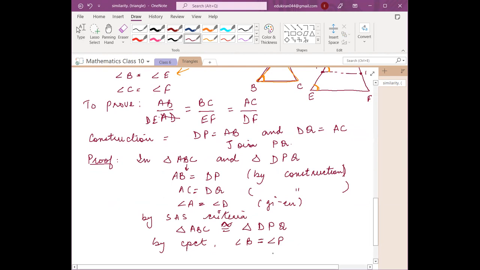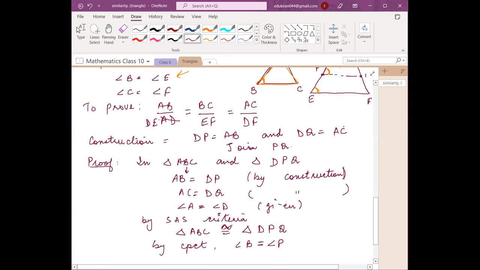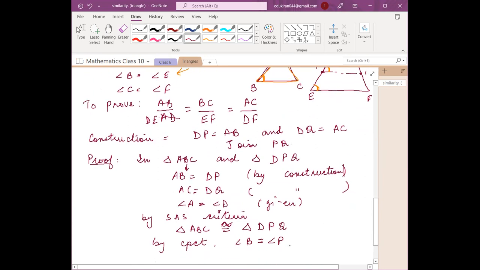Now, angle B is equal to angle P, and angle B is also equal to angle E. This is given.